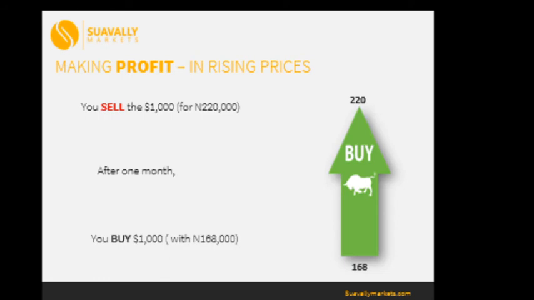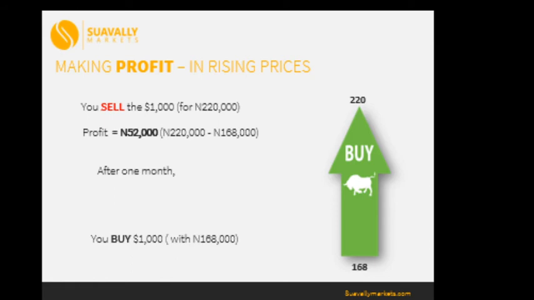So on the first part, you buy $1,000 at a 168 exchange rate, and it costs you 168,000 naira. After a month, the exchange rate rises to 220, and then you sell it. Now you're going to get 220,000 naira.